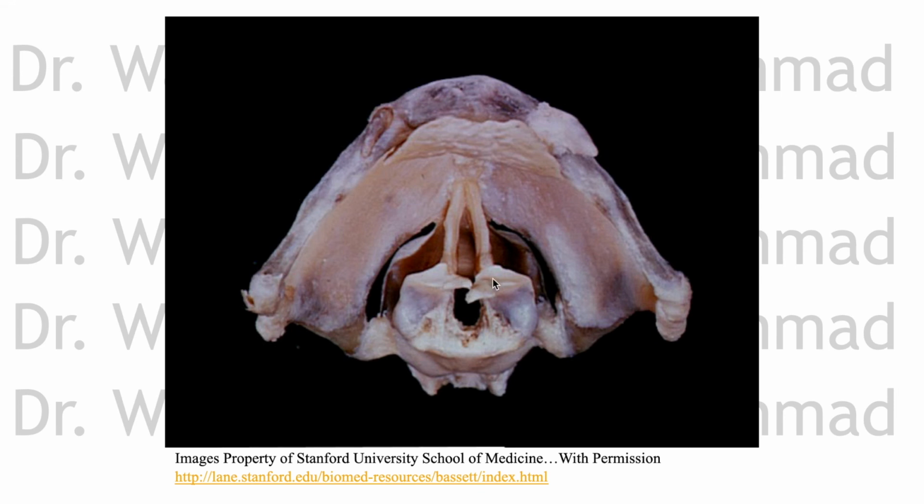And when the arytenoids laterally rotate or slide on the lamina of the cricoid, the space between them widens. And the opposite occurs with medial rotation and upward displacement of the arytenoid to approximate each other. This will close this area, which is called the rima glottidis. We will study in part 2 the cavities of the larynx, and we will get to this. Don't worry about that.